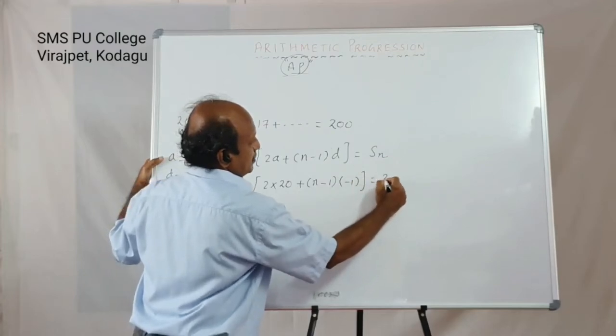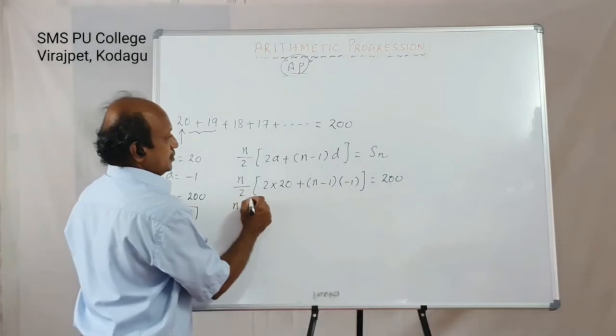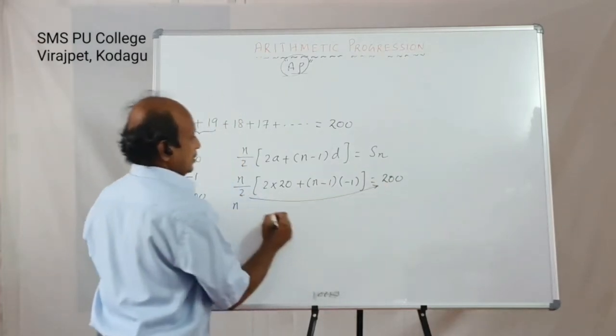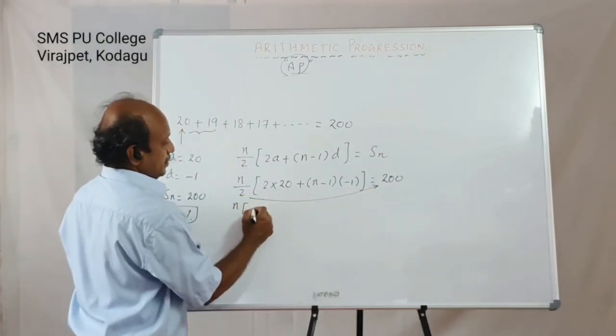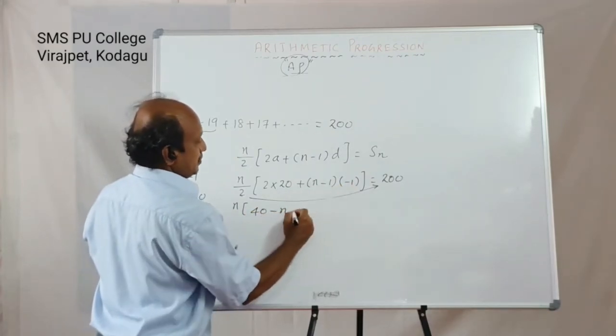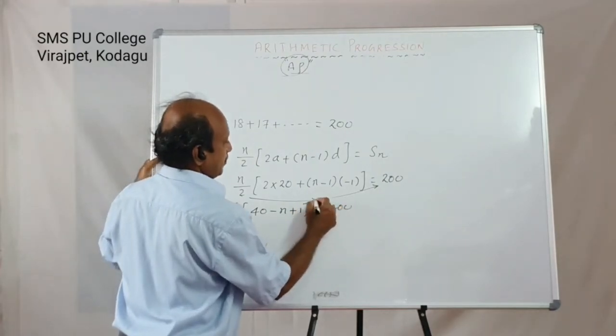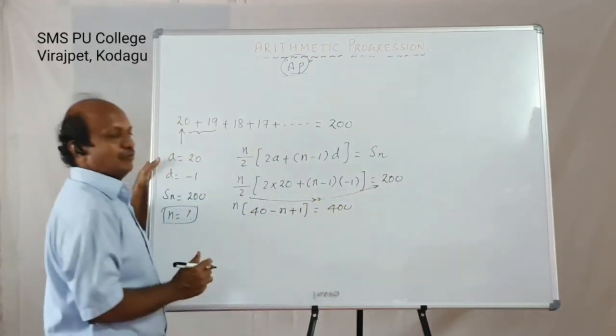What is the total value? It is nothing but 200. Here the 2 goes to the other side. So what will come within the bracket? 40 minus n, minus into minus is plus, 1, is equal to 400, because 2 into 200 is 400.